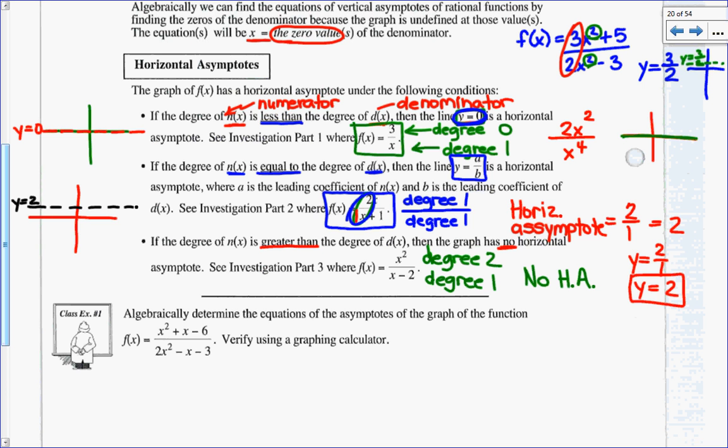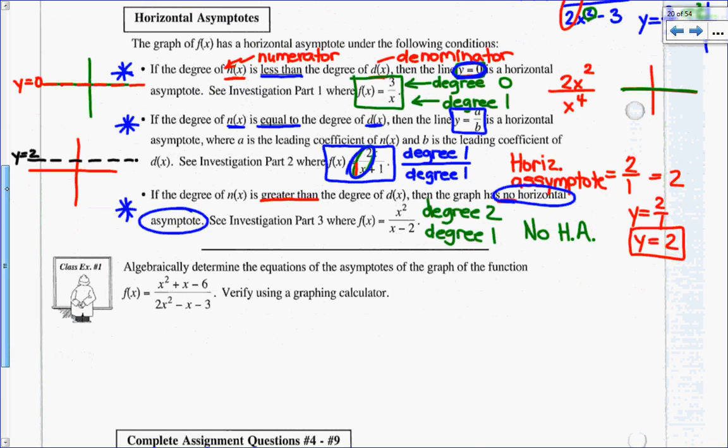Or, if your degree on the top in your numerator is greater than the degree in your denominator, then you will have no horizontal asymptote. Okay, 3 choices. So star these 3 or draw a box around those. That's kind of the gist of what you need to know and understand from our lesson today.